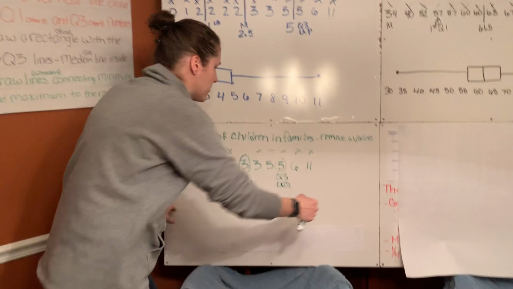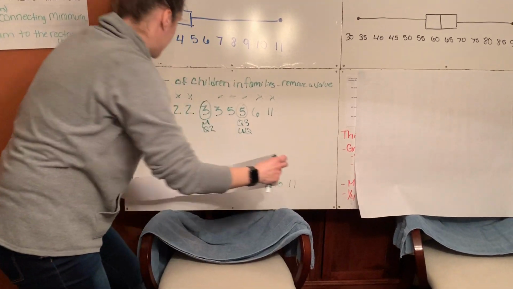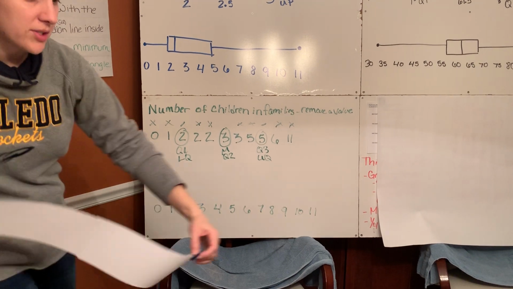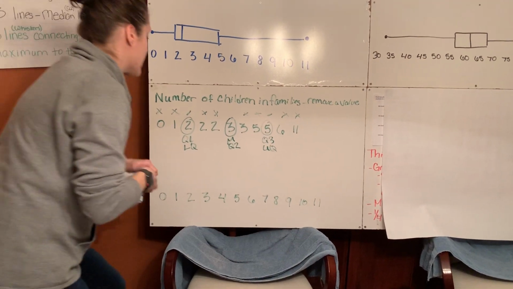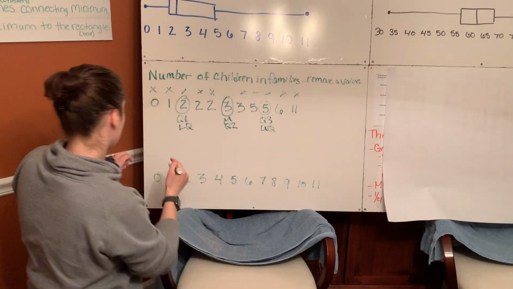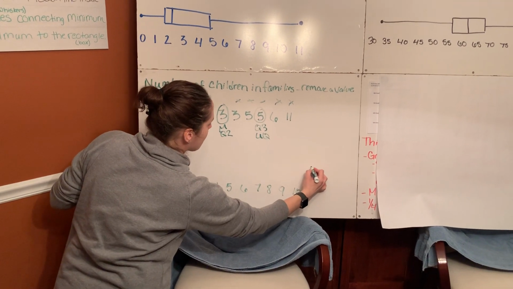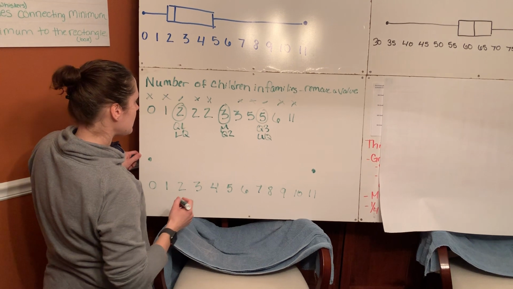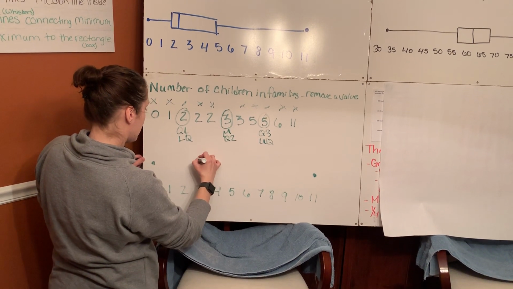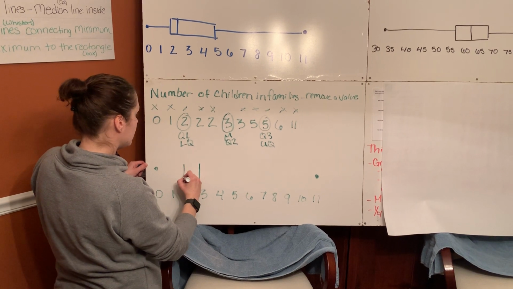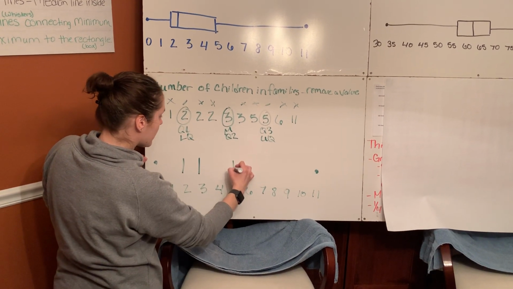Okay, so just like before, I made my number line. It looks exactly the same as up here because I still went from 0 to 11. We can draw our dots for our minimum and maximum, a line for the median, a line for the lower quartile, and a line for the upper quartile.